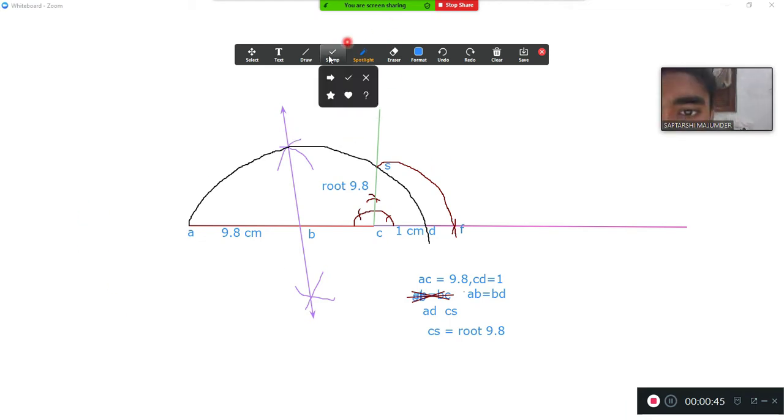This is our final line AD, where AC equals 9.8 and CD equals 1. So now this is AD.